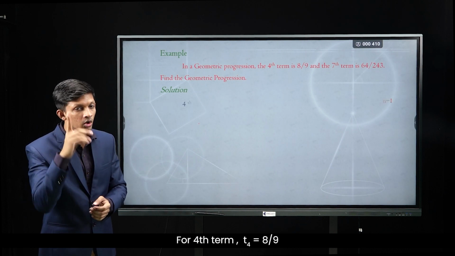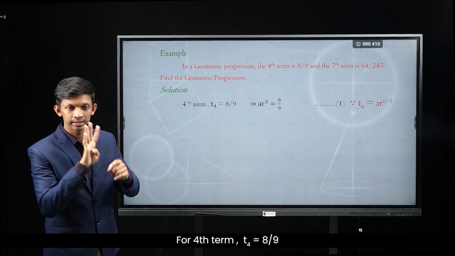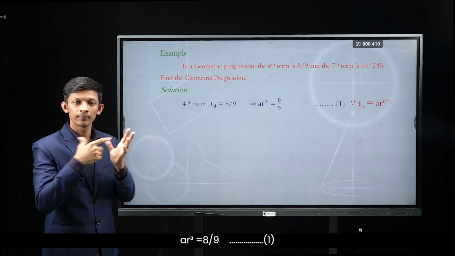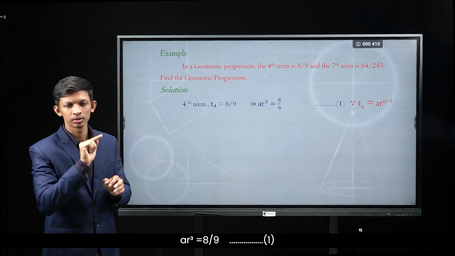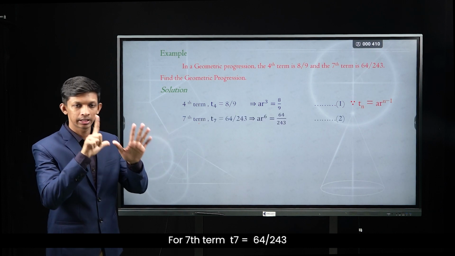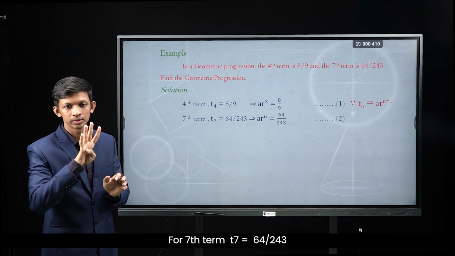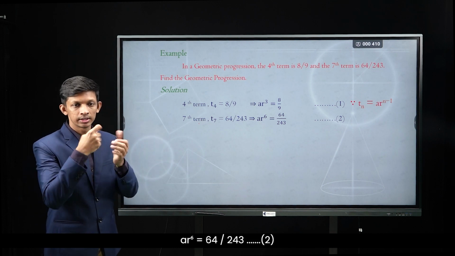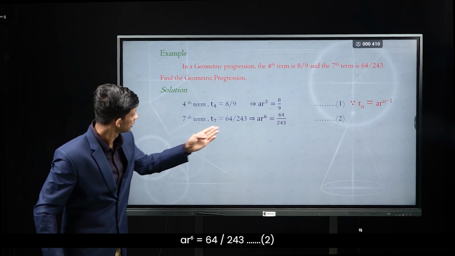Given fourth term T4 is equal to 8 by 9, from formula we can get AR cube is equal to 8 by 9. Consider it as equation 1. Similarly, for seventh term T7 is equal to 64 by 243. From formula we can get AR power 6 is equal to 64 by 243 as equation 2.